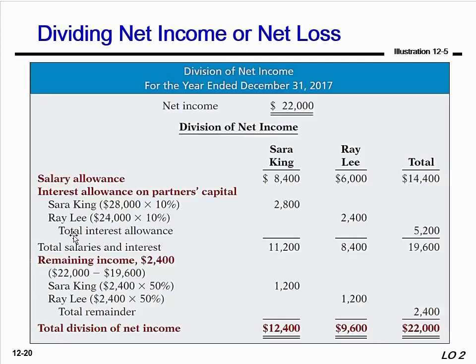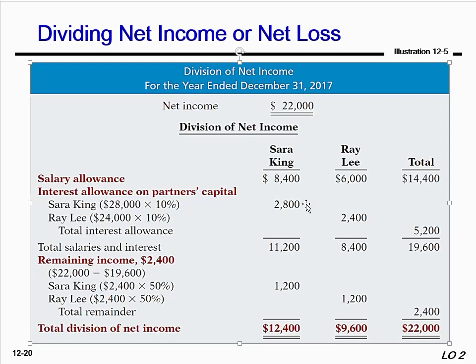So let's pay the interest. Interest allowance on the partners' capital balances: for Sarah, 28,000 times 10%, so 2,800 interest allowance. For Ray, 24,000 was his beginning capital balance, 10%, so that is 2,400.